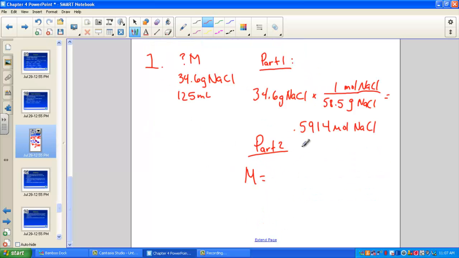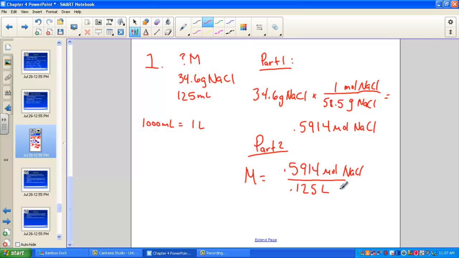Let's take that very value of moles we found, 0.5914, and place that over the liter of solution. Now recall, we must have that in a liter. They gave us a milliliter, so we simply slide the decimal 3 places to the left. 125 mLs becomes 0.125 liters.